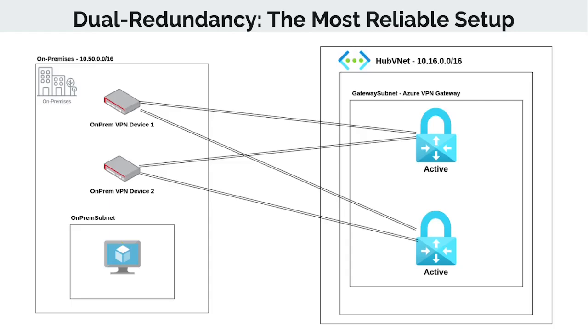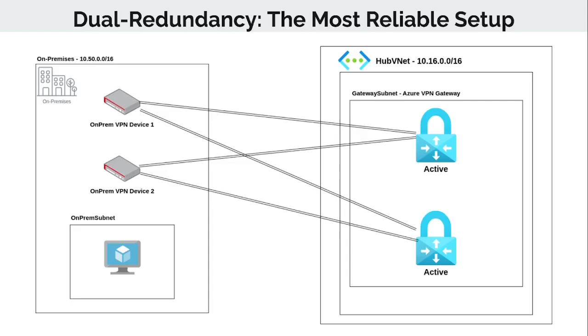Having redundancy on both sides, Azure and on-prem, guarantees that you always have an available VPN tunnel, even during maintenance or unexpected outages. Lastly, monitor your VPN connections using Azure's built-in monitoring tools. By setting up alerts for disruption, you can ensure any failover or connection issues are addressed immediately.